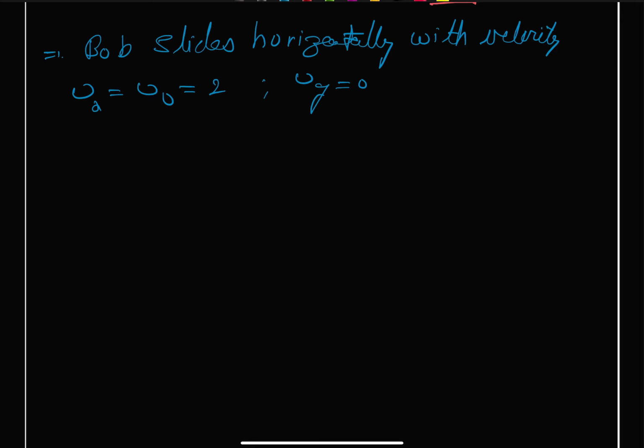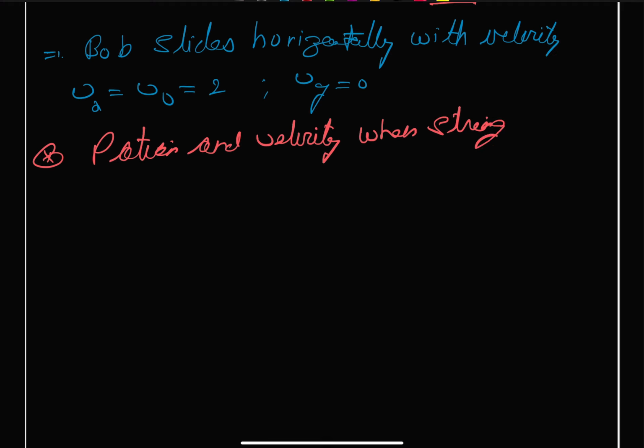It means at point B. So we can say position and velocity when string becomes taut.